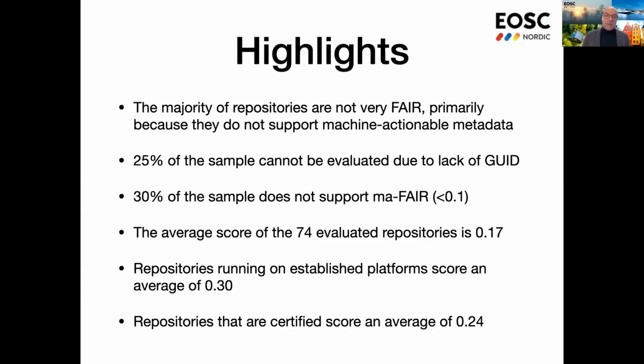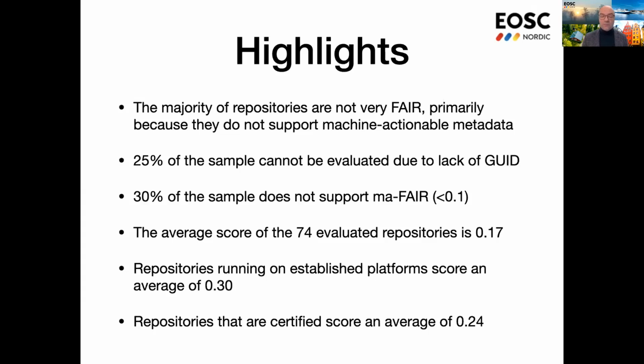The other highlight here is that, as I mentioned, 25% of the sample could not be evaluated due to the lack of globally unique identifiers. And that is why we have chosen, in this first FAIRification event, to focus on the importance of identifiers and how this can be done.